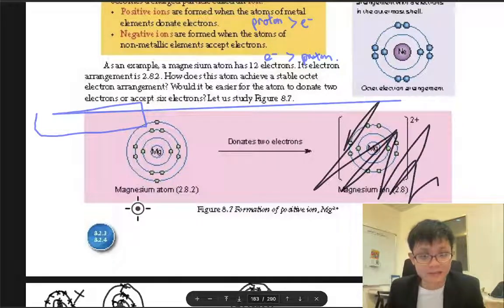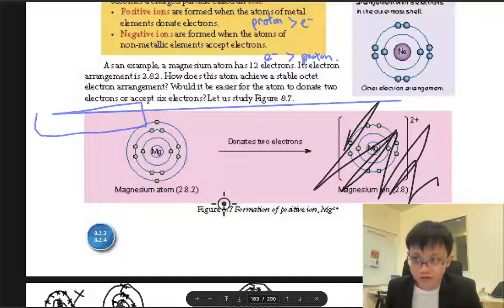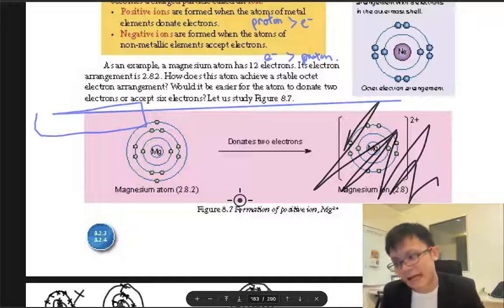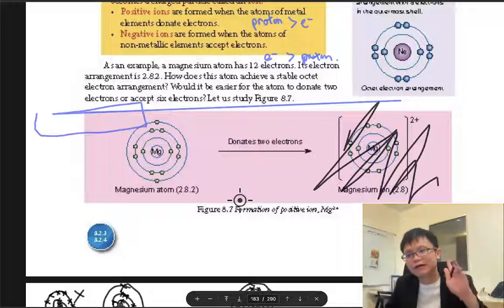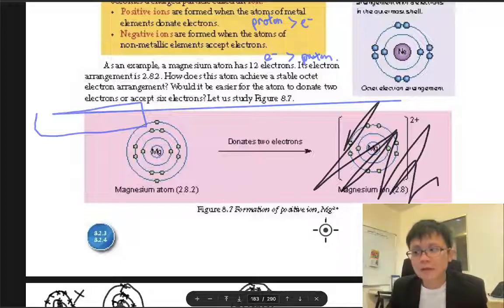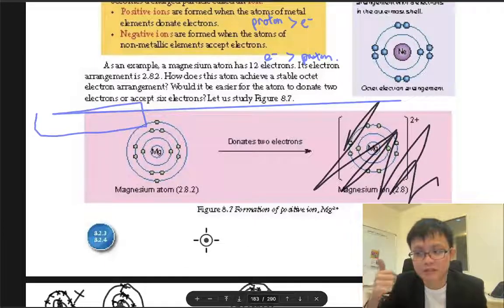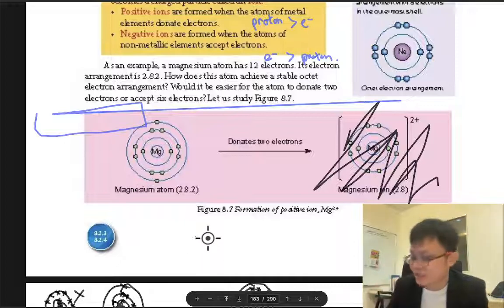The question says the magnesium atom has 12 electrons. However, the magnesium gives away 2 electrons. He won't use the word give, he would say donate, but I just want to make it like a story so that you understand. Question 1A, please draw the diagram. Question 1B, please write out the charges.